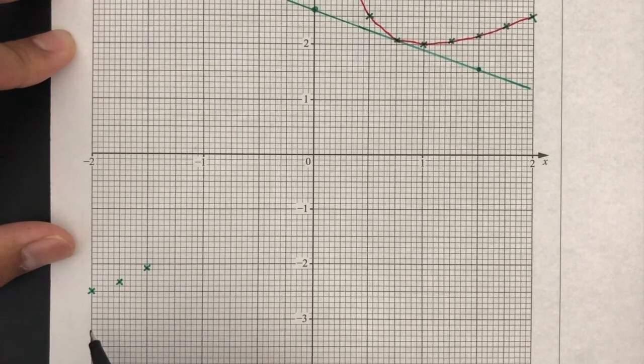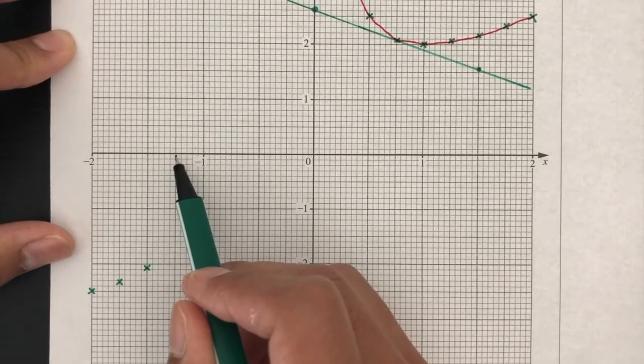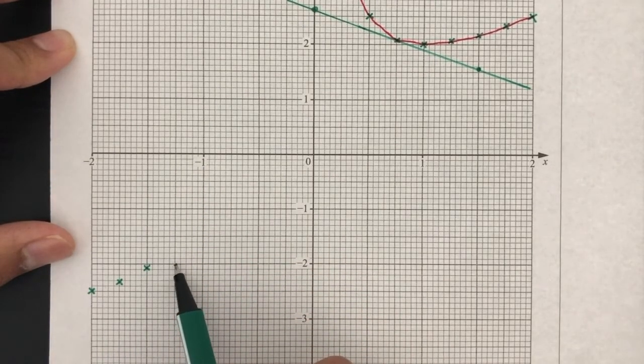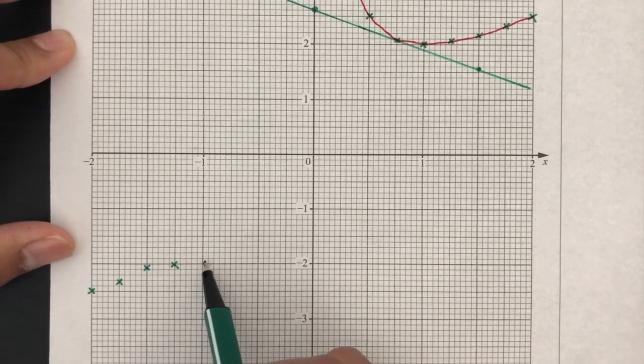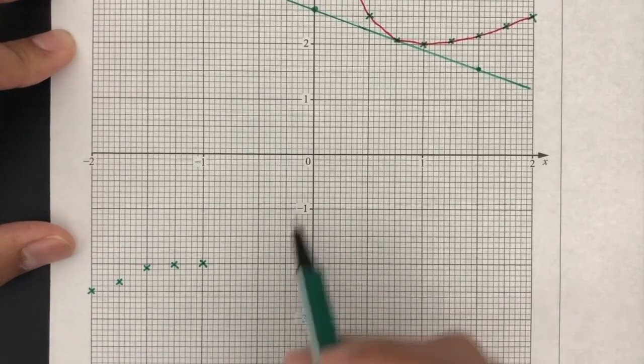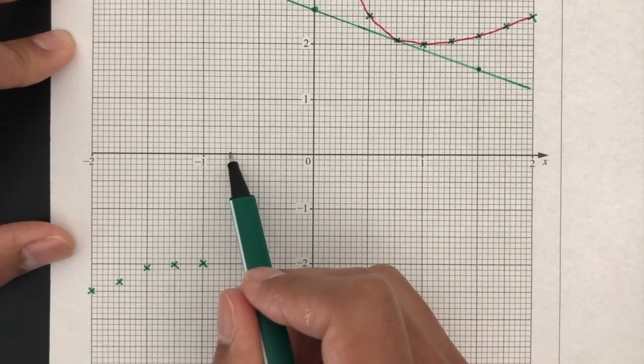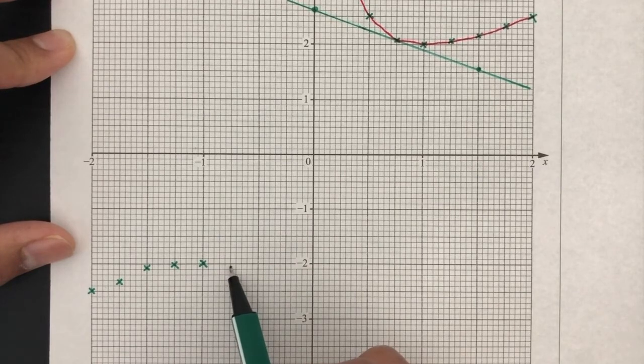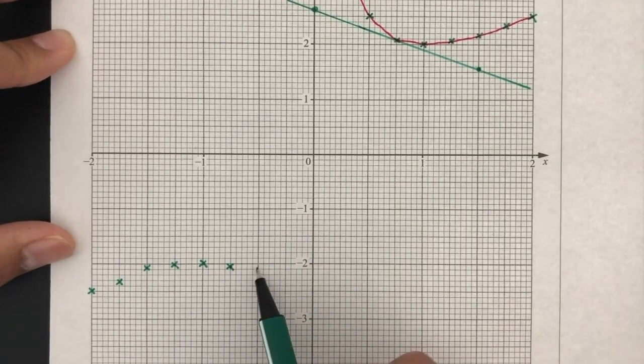Then we have minus 1.25, that should be minus 2.05 right here in between. And we have minus 1, minus 2 on the line. Then we have minus 0.75, that will be minus 0.28 right here. Then we have minus 0.5, that should be minus 0.25 right here.